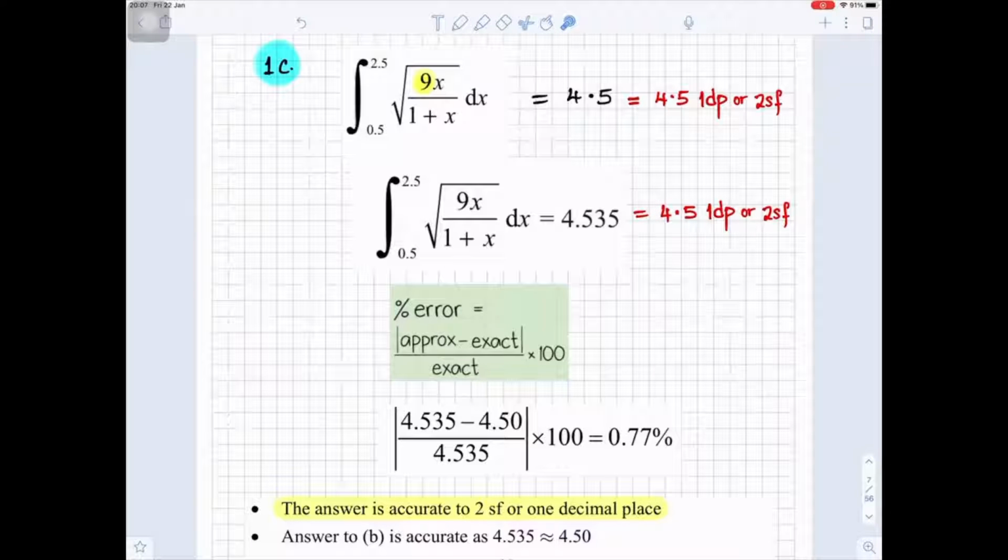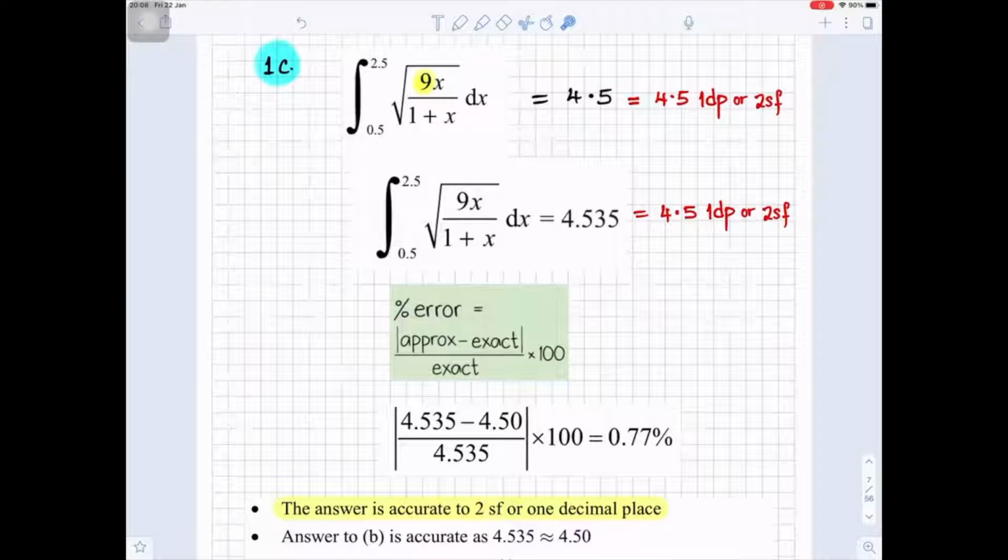And how do we calculate percentage error? You use this formula: approximate value minus exact value, divided by exact, times 100. And we use this absolute sign because we just want the percentage, not negative values. So 4.535 minus 4.50 divided by 4.535 times 100 gives us 0.77%.